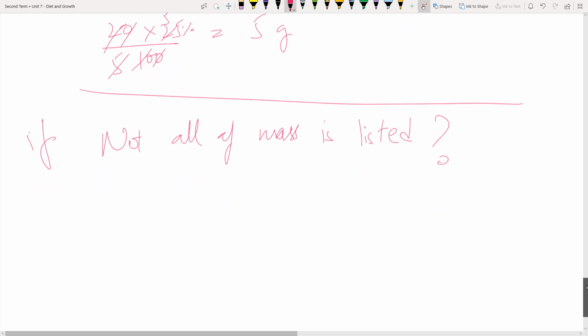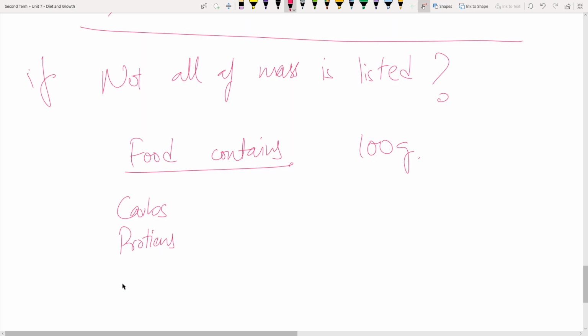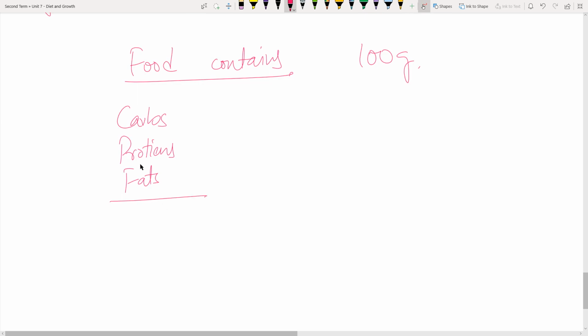Remember that your food contains, let's say, 100 grams: you have carbs, proteins, fats, and some other factors. These are the main ones. Then we have minerals, like calcium and iron. Then we have vitamins. And finally, when we're done with all these, we can simply list down our water.